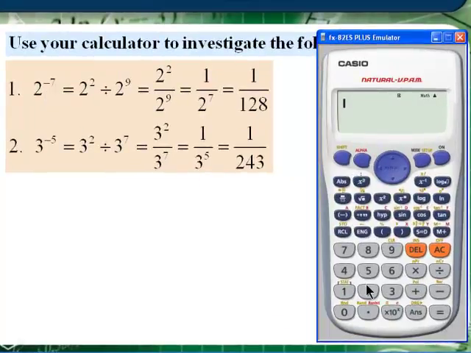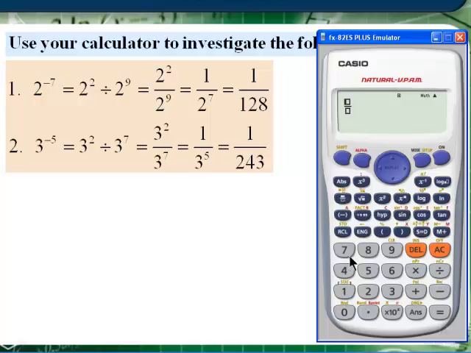If we have 2 to the power minus 7, remember it's this one and not a subtraction, 2 to the power minus 7, then we see that the calculator tells us that this is the fraction 1 over 128. So 2 to the power minus 7 is 1 over 128.